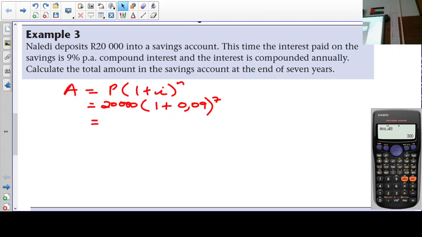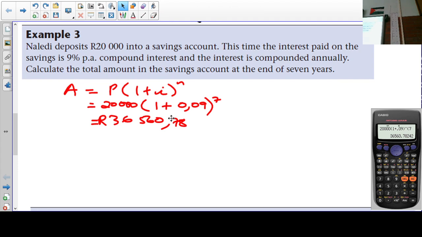It's going to be 20,000 into 1 plus 0,09 the exponent 7. It gives me 36,560 Rand and 78 cents.